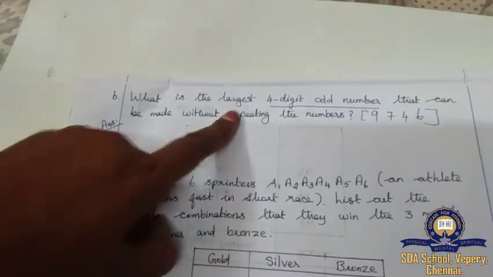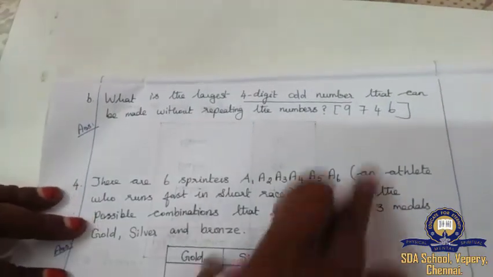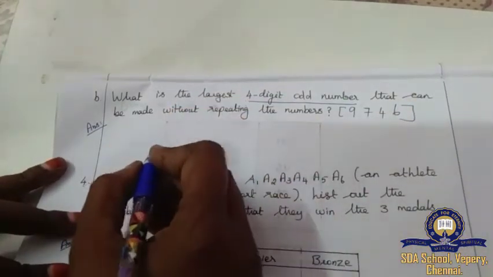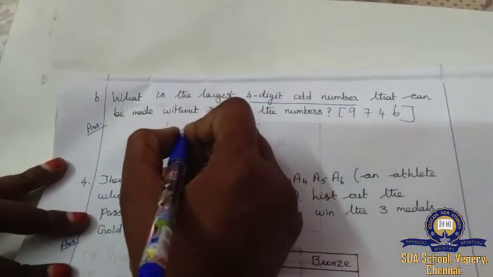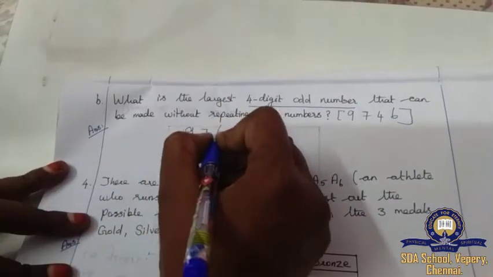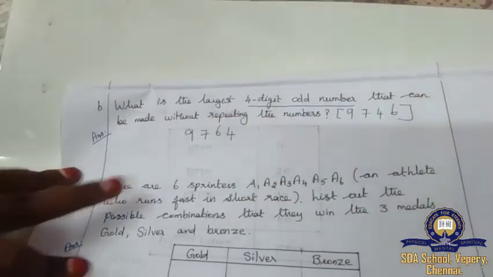So for the largest number, you have to write this number in descending order. First try to write in the descending order. So the descending order means 9 is the first biggest number, next 7, next 6, 4. This is the largest number.